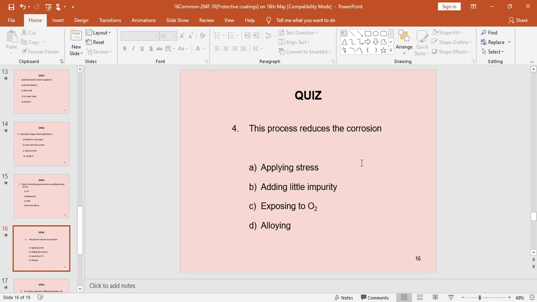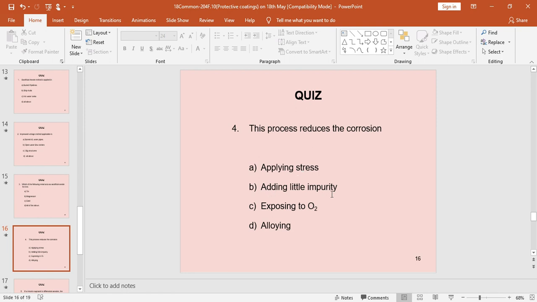See the next question. This process reduces corrosion. A. Applying stress, B. Adding a little impurity, C. Exposing to O2, D. Alloying. Which is the correct answer? Once again, this process reduces corrosion. Suppose you apply stress on a metal, it increases corrosion, so it is not the correct answer.